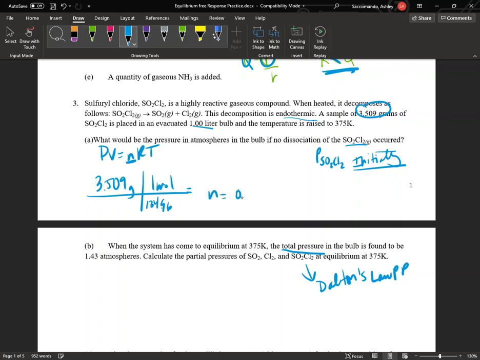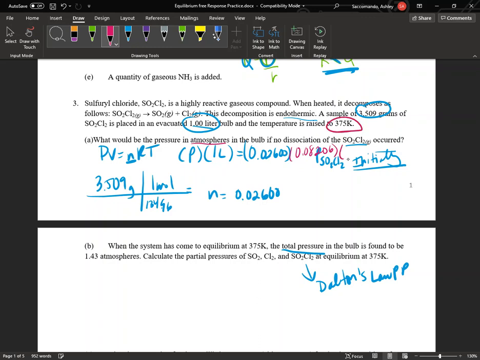So n equals 0.02600 or whatever. Okay, 4 sig figs. It wants 4 sig figs. It tells you everything else about this. So we don't know the pressure. We know the volume is 1 liter. We know the moles now because I just figured them out. We know the R value, and we want it in atmospheres, so this is the 0.08206 number.